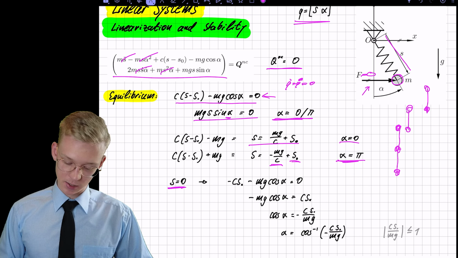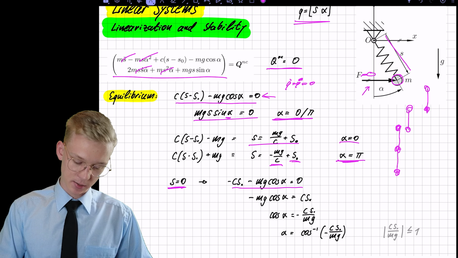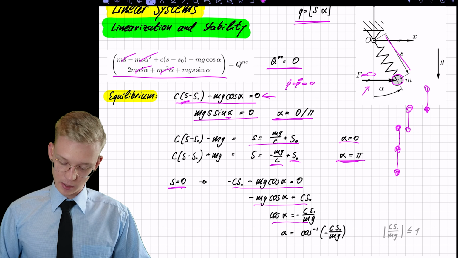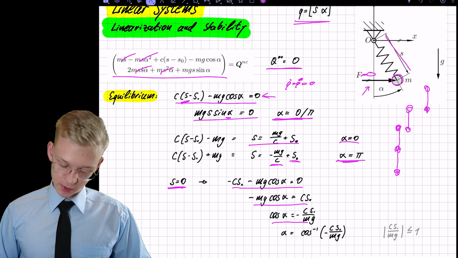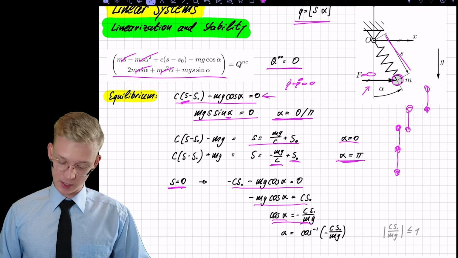And if that is so, we have again the first equation, where S in this case is 0, and with a simple reduction of those terms we get cosine alpha is minus c times S0 divided by mg. If we just want the alpha, we have to apply the inverse cosine to get the angle.